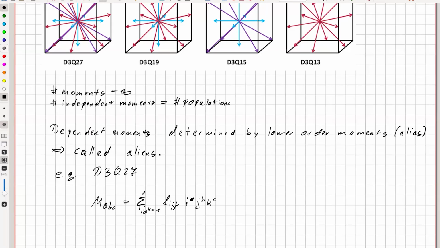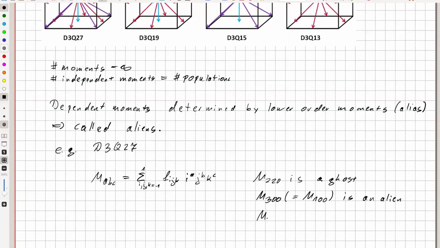So in this definition, M220 is a ghost. M300 is equal to M100. That is an alien.